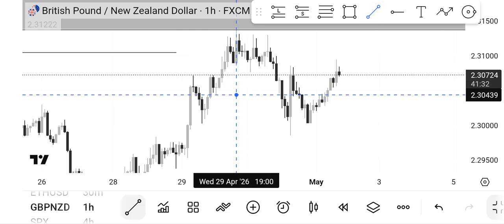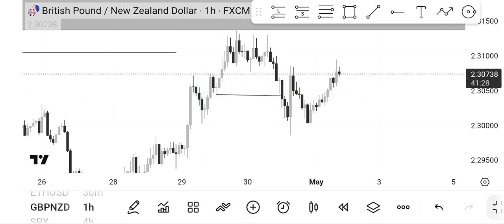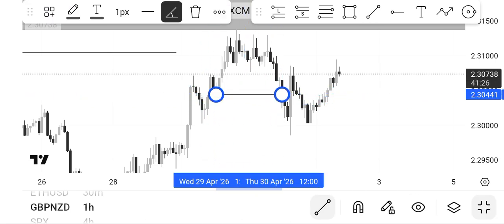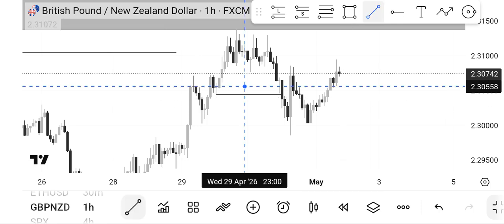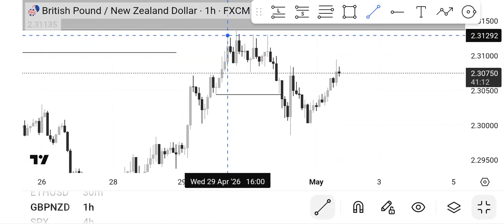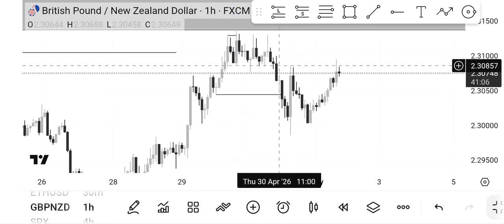Or can I just mark at this? This will be clearer than the up one. Now the way I look out for my POI is a bit different. You understand? For every lower time frame trading range, for example, this is the sweep of liquidity here, this has now turned into a range.